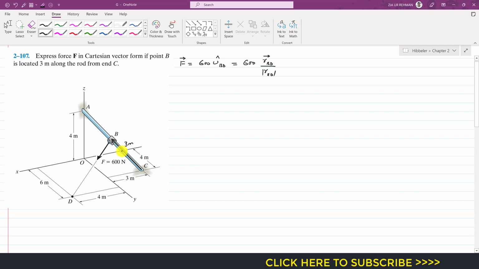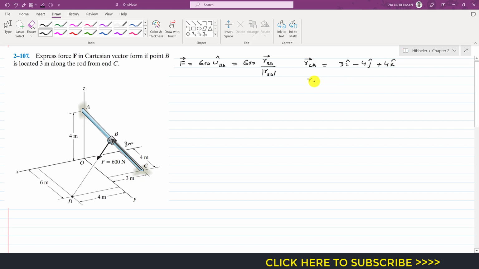So if we find this RCA, the position vector from C to A, we can find it by moving from point C to reach that point A. So from point C we need to move 3 meters in the positive i direction, so I will write 3i, and then we need to move 4 meters in the negative y direction, so I will write minus 4j, and then we need to move 4 meters in the positive k direction, so I will write plus 4k.